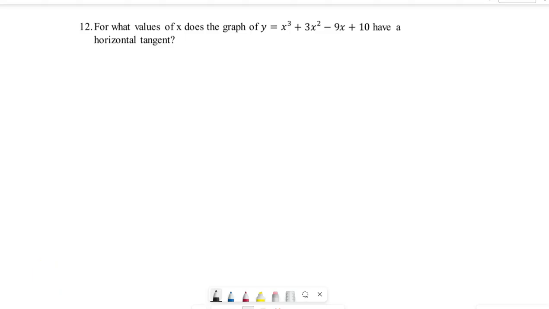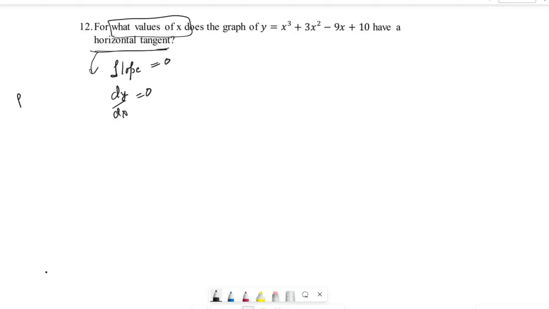Here's the 12th question. It says, for what values of x does this graph have a horizontal tangent? What does horizontal tangent mean? That the tangent is parallel to the x-axis. If the tangent is parallel to the x-axis, then the slope at that point would be 0. What is the slope? Slope is the derivative.